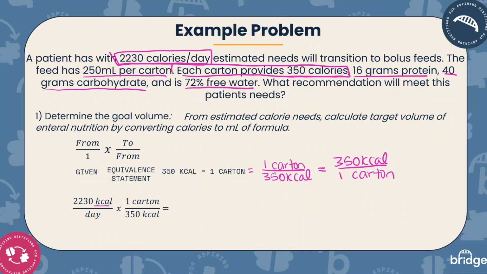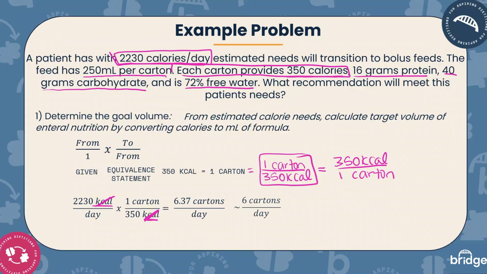This patient has 2,230 calories of estimated needs, so calories goes in the bottom to cancel out. We want this equivalent statement right here because its units match. Calories cancels out, and we find out that this patient needs to take in 6.37 cartons a day. Now, I have been taught to round, and so I would round this down to 6 cartons a day. I mean, try to tell someone to drink 0.37 of a carton every day.